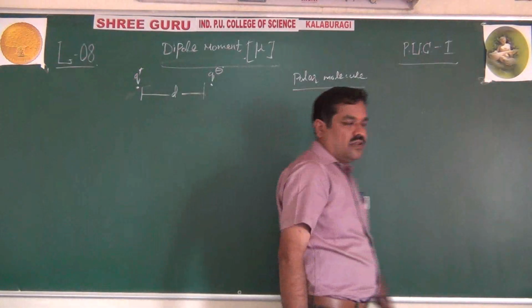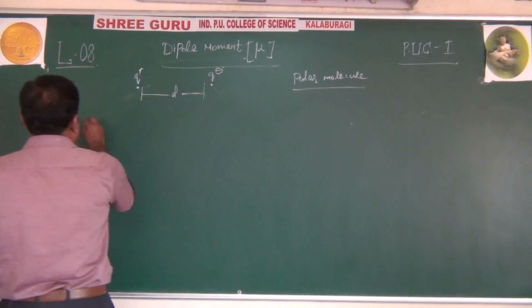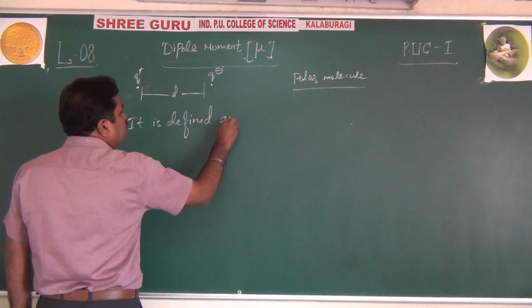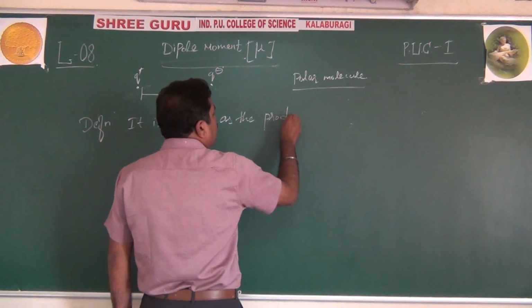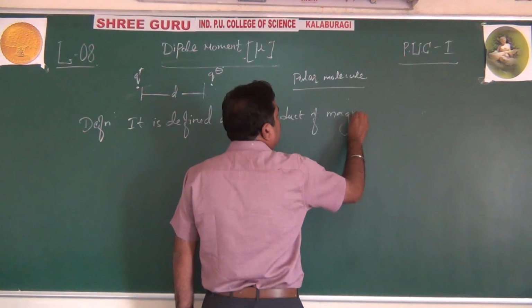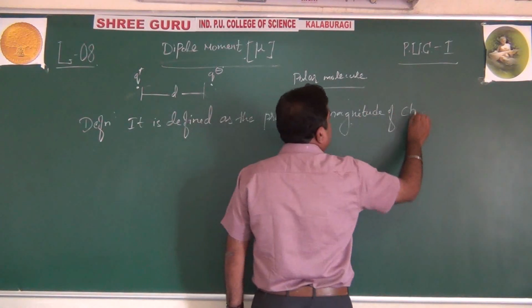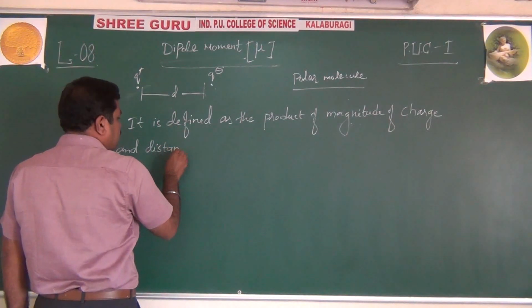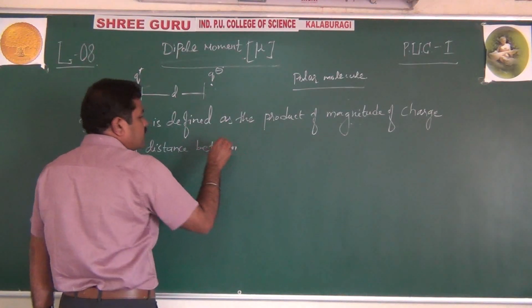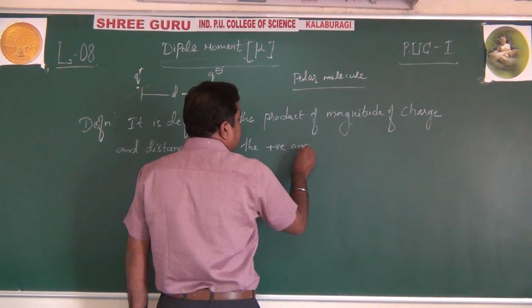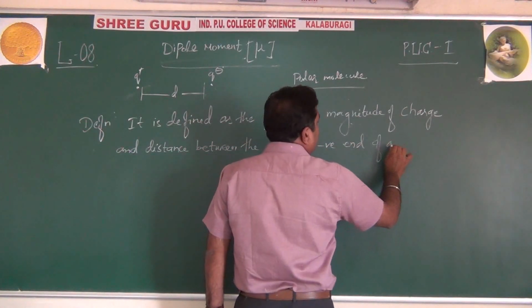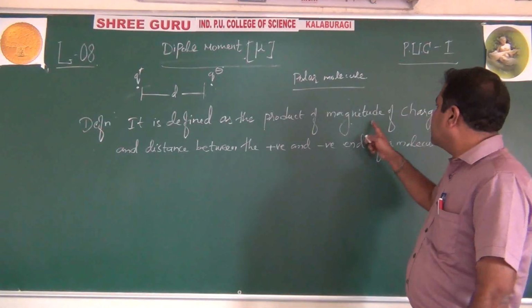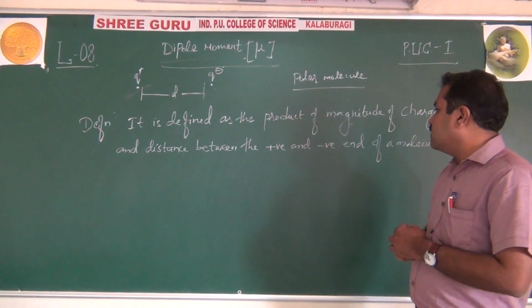Now, what is dipole moment? Dipole moment is defined as the product of the magnitude of charge and the distance between the positive and negative end of a molecule.